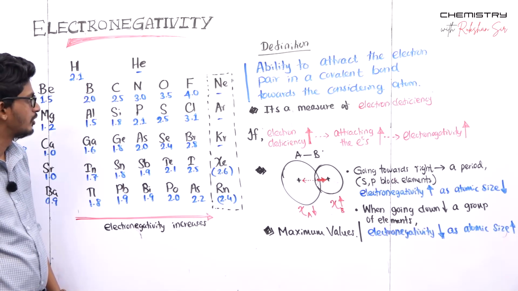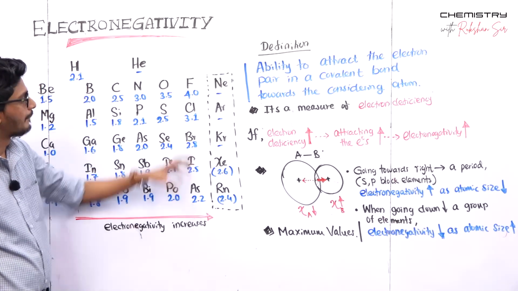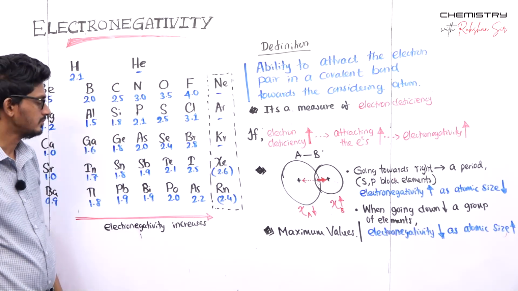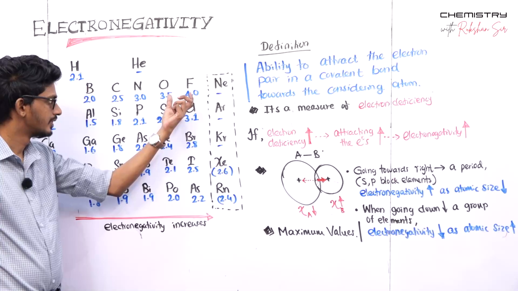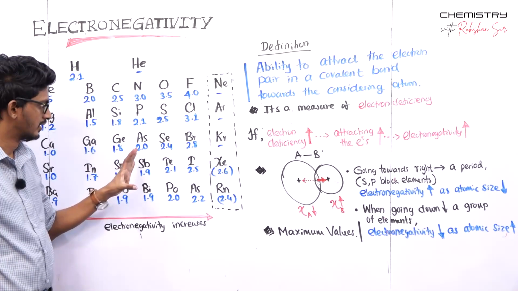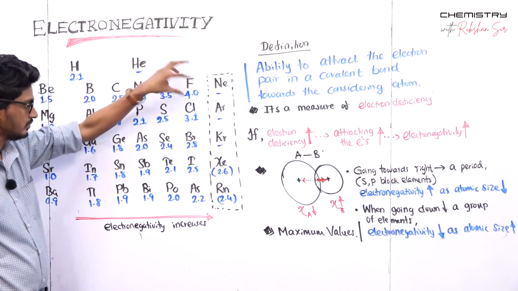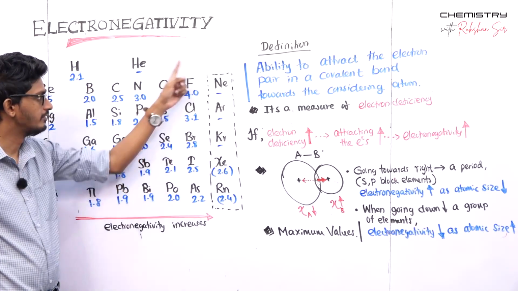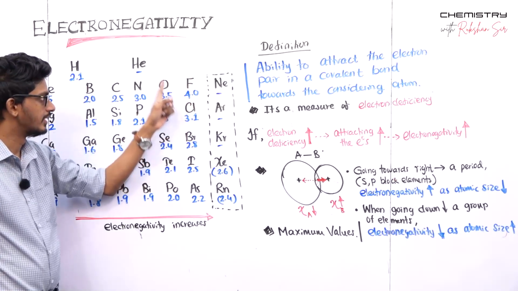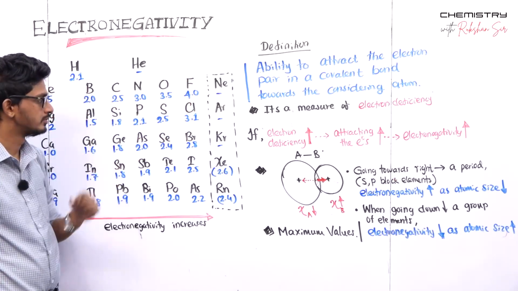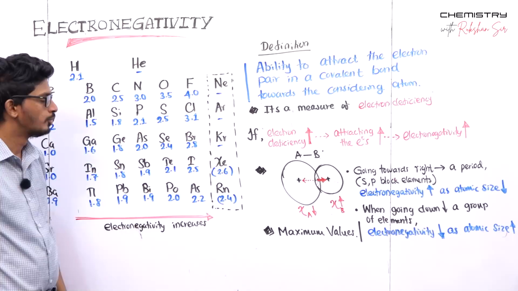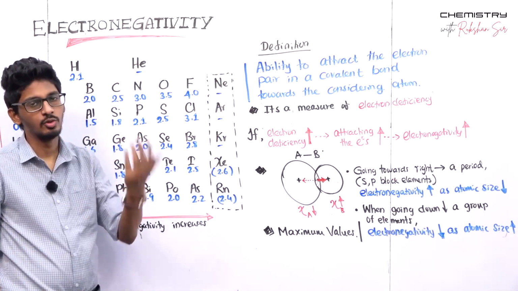So the maximum value should appear at the upper right corner of your periodic table. So fluorine is the one with the greatest electronegativity value. Basically, electronegativities are not assigned for noble gases normally.